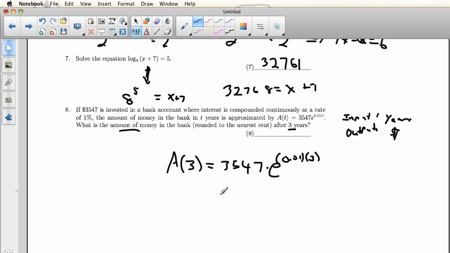And I get my answer, 3,655.02. So it wants the answer to the nearest cent. So $3,655.02.